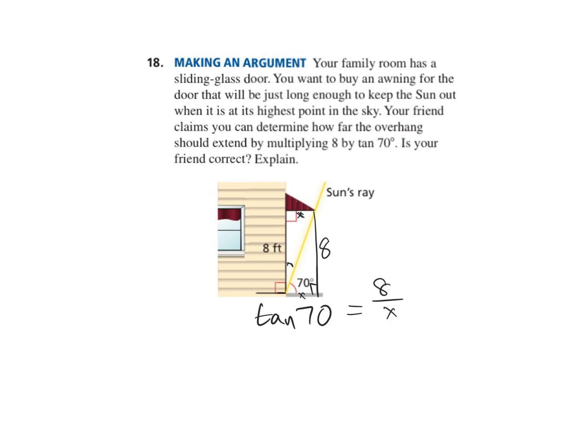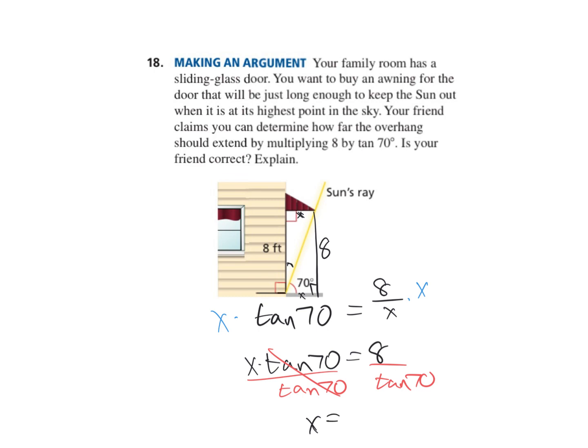If we multiply both sides by x to get out of the denominator, then we have x times the tangent of 70 equals 8, and then we divide off the tangent of 70, and that's what x equals. So we're not multiplying the tangent of 70 by 8, we're dividing 8 by the tangent of 70. So the friend is incorrect.